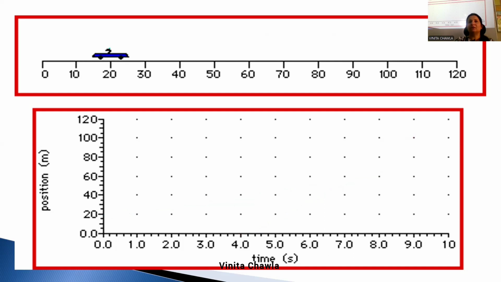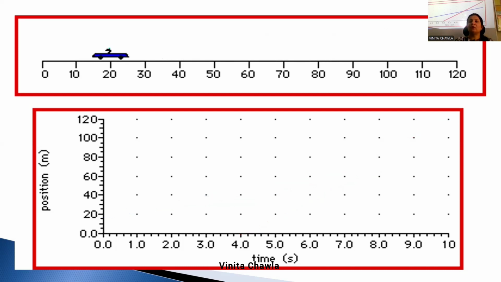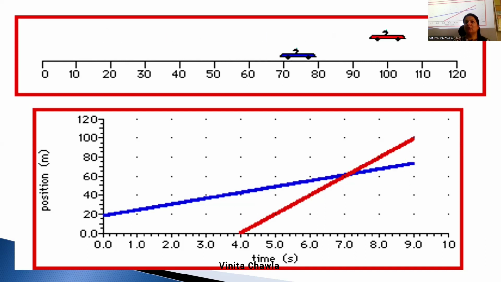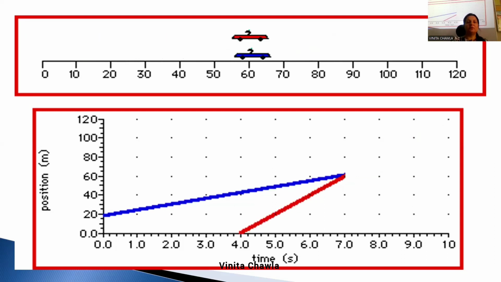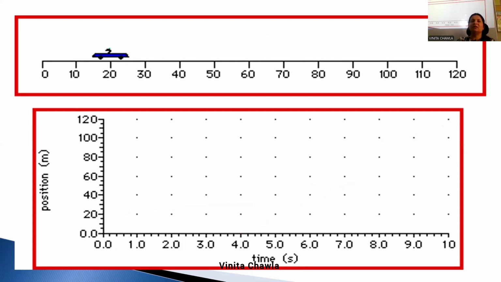Both are undergoing uniform motion. We are getting straight lines for both, blue and red, which means both are moving with uniform, constant speed. The only difference is one is faster than the other.